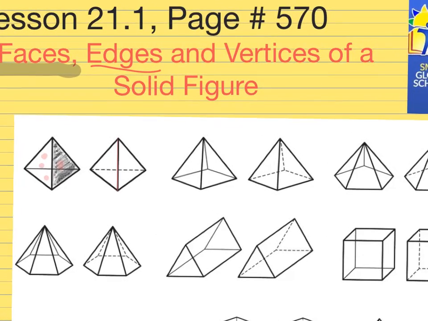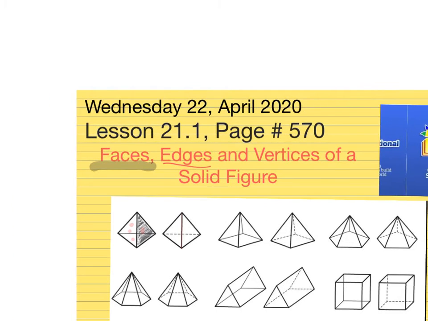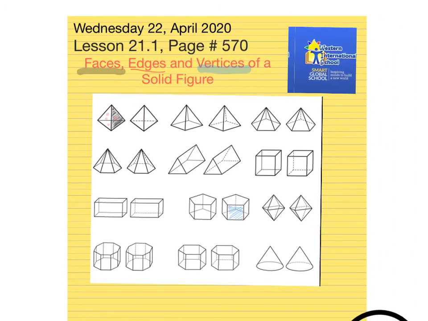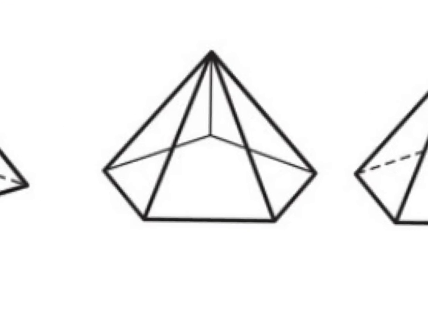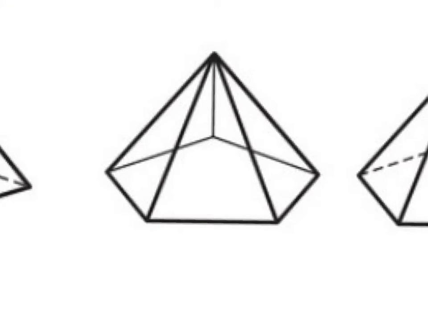Now, let's go to the other part of our title, vertices, right? What are vertices? Vertices are basically the points where two or more edges meet. So if we are going to use this figure as an example, the vertex is exactly this point where this edge, this, and this edge meet.